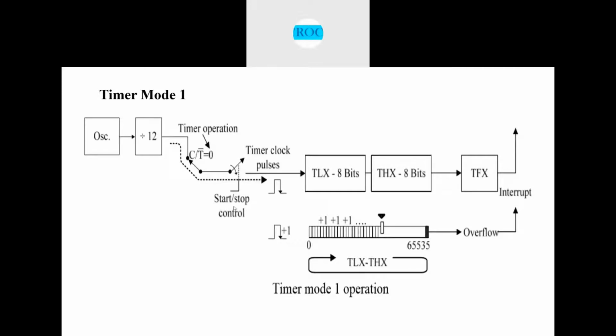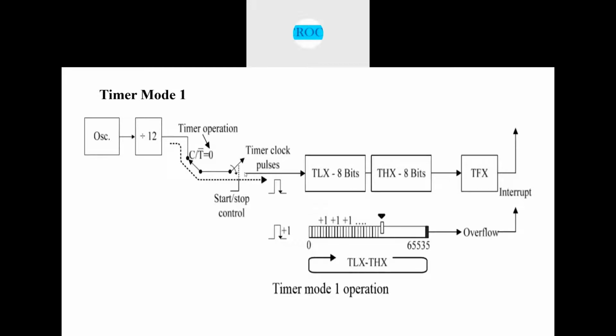As I said, we do SETB TR0 or SETB TR1. When I do that, you are setting those bits, and if the C/T bit is also 0 and the gate signal is 0, the switch will be connected here.